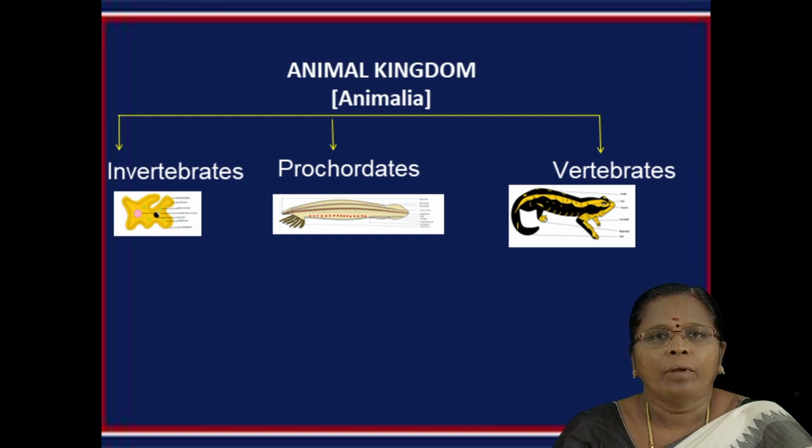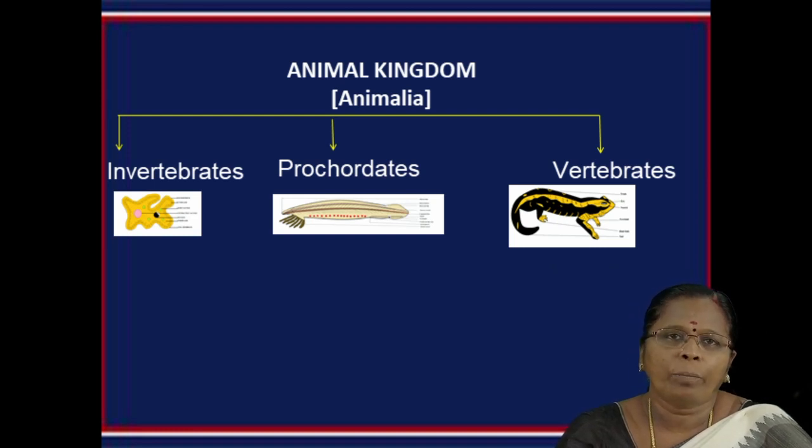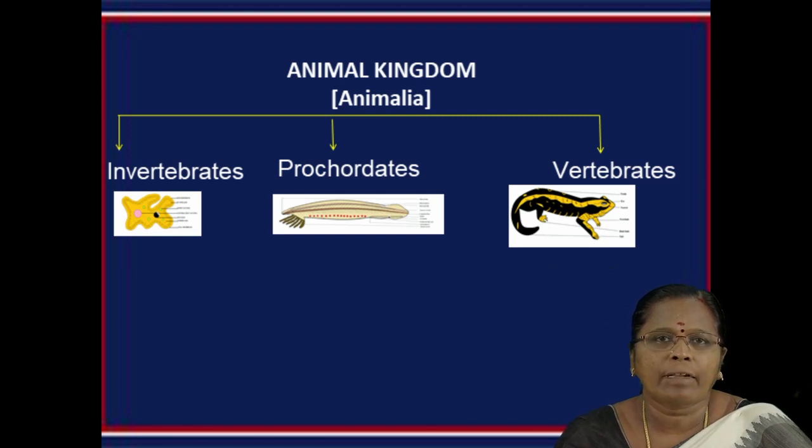Next, mainly based on certain characteristic features, already I told you the peculiar characteristic features as well as the general characteristic features, the animals are classified into three: invertebrates, vertebrates, and the prochordates. What are invertebrates? The organisms that do not have a backbone are placed under invertebrates.